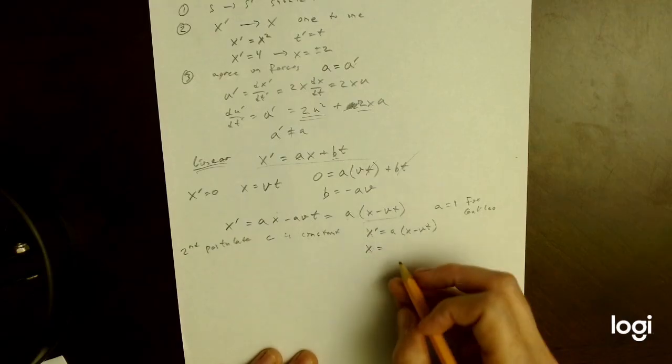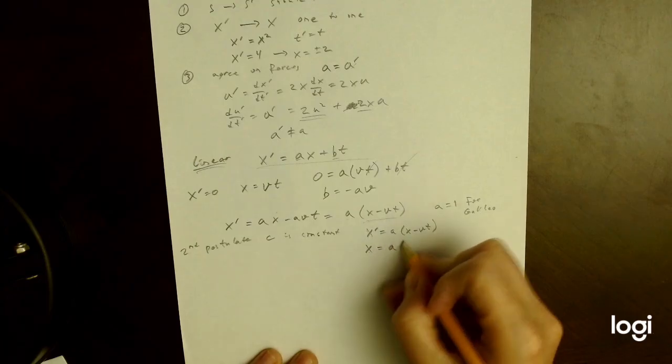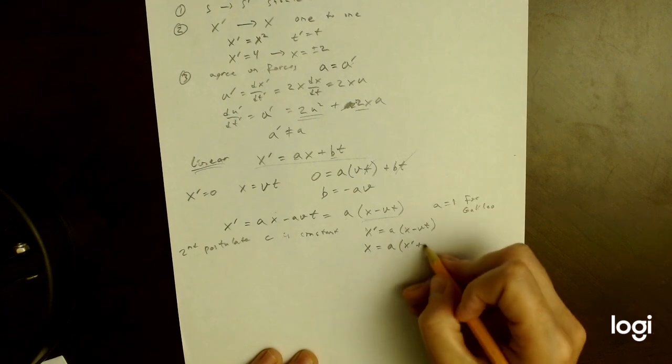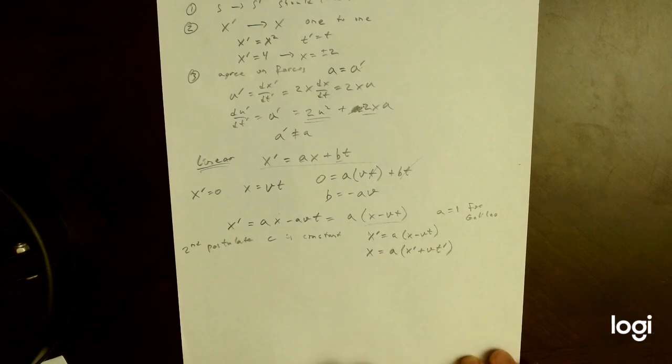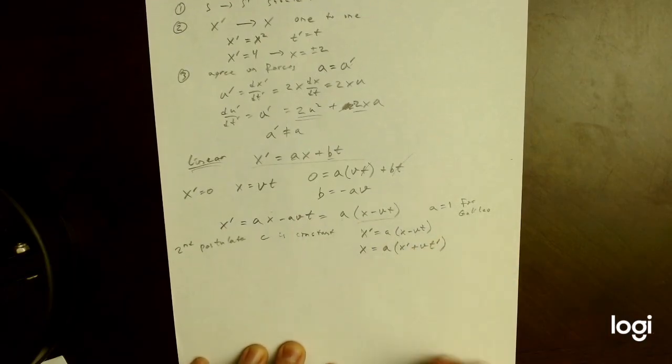They're just oppositely directed motion. And I'm still going to have this constant a, but I can just swap the primes and swap the sign of the velocity term to swap between these two coordinates. So I've got now the transform and the inverse transform.